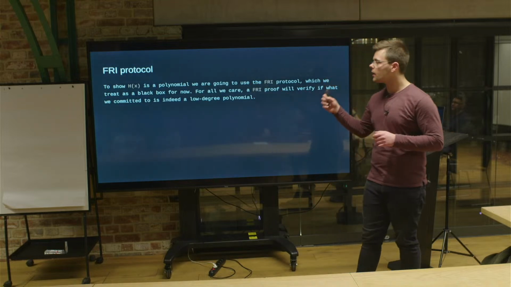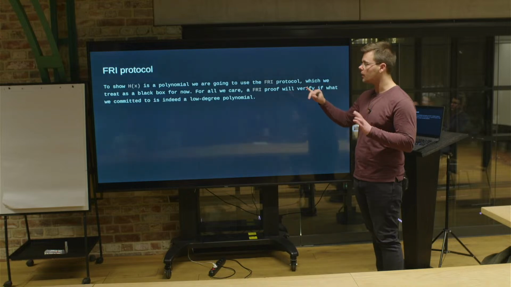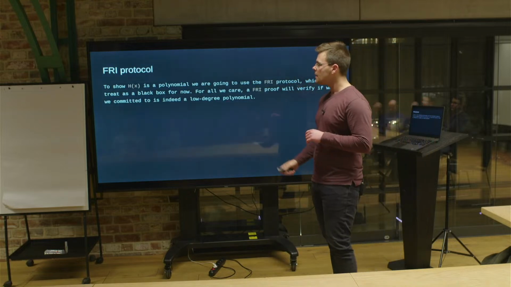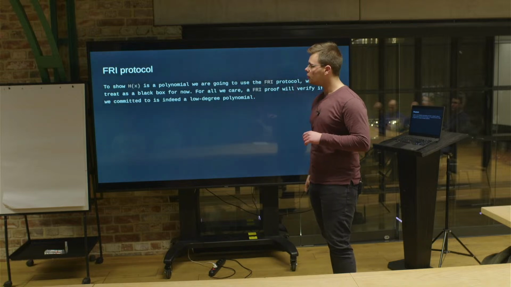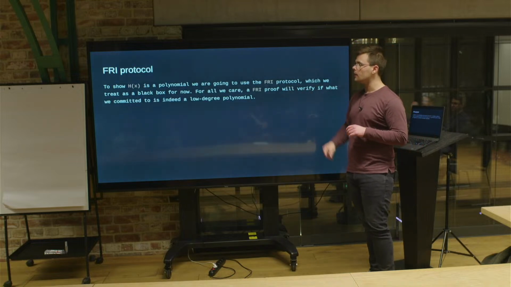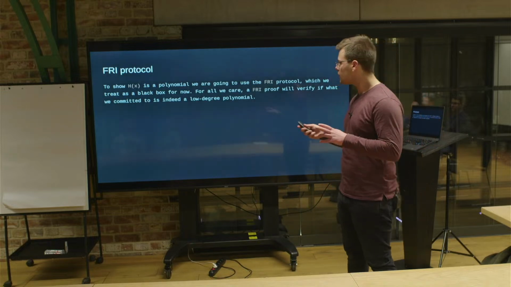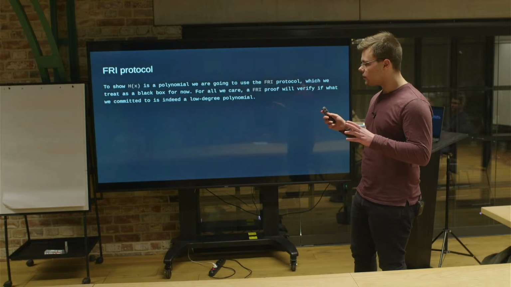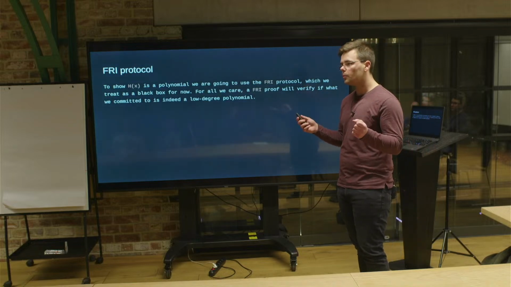So it's like a checking function: I put h(x), some function, I don't know what it is, into FRI, and it outputs the proof. When this proof verifies on some third party, I know that h(x) was a polynomial of low degree. Low degree is not strictly defined. We define the low-degreeness of the polynomial as a parameter between the prover and verifier.